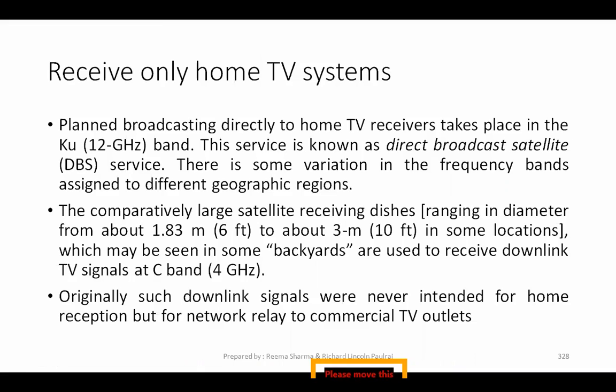Right. Whatever we discussed so far is actually mentioned here for your benefit. It's planned broadcasting, which happens directly to home TV receivers, and this takes place in this range. The service is known as DBS. There is some variation in the frequency bands assigned to different geographic regions.